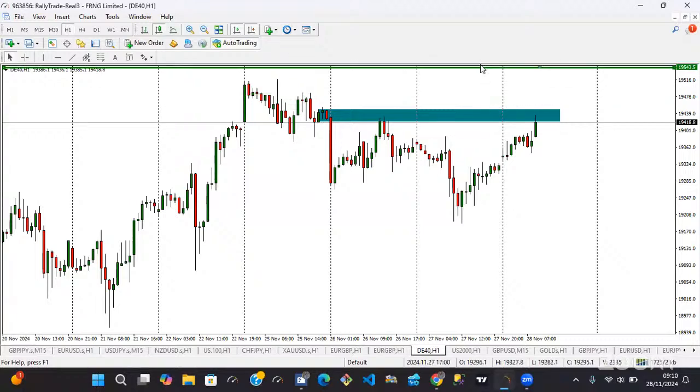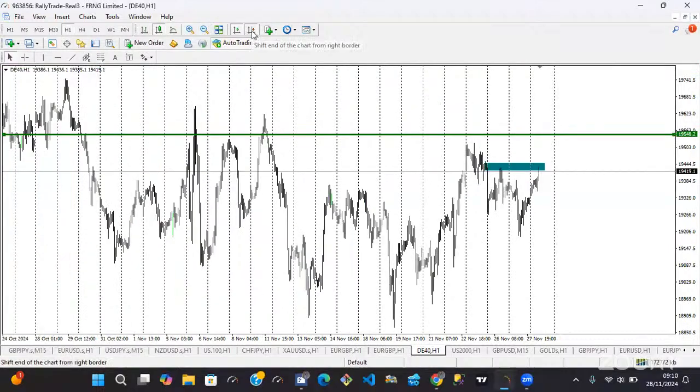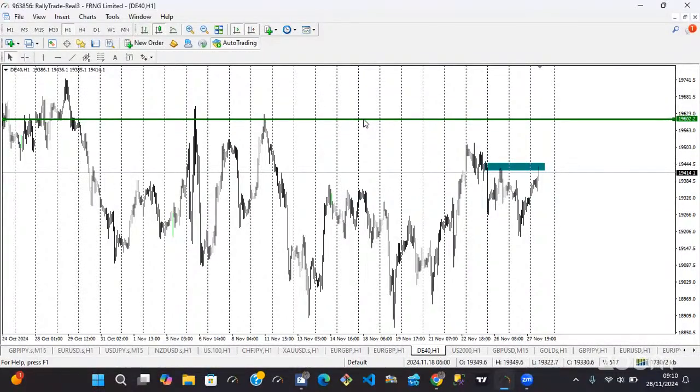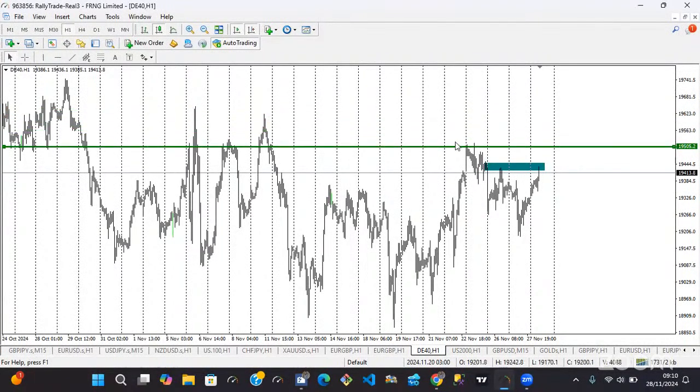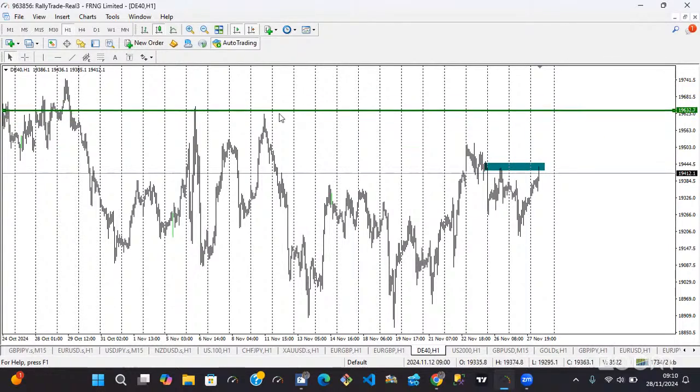Or you can say, okay, this is my recent high for D40 right now. This recent high is not that far, but there is also another double top right here.